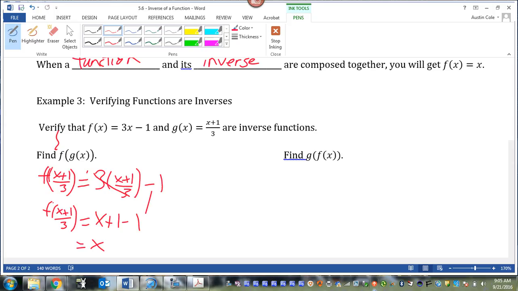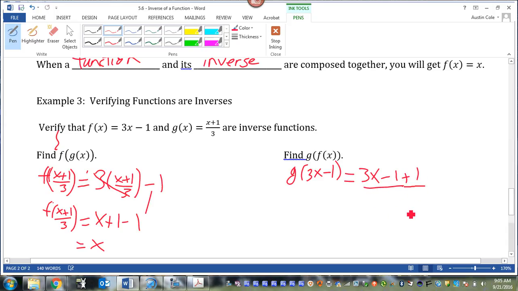Now let's do g of f of x. g of 3x minus 1 equals 3x minus 1 plus 1 over 3. That's what we plugged in for the x of g.